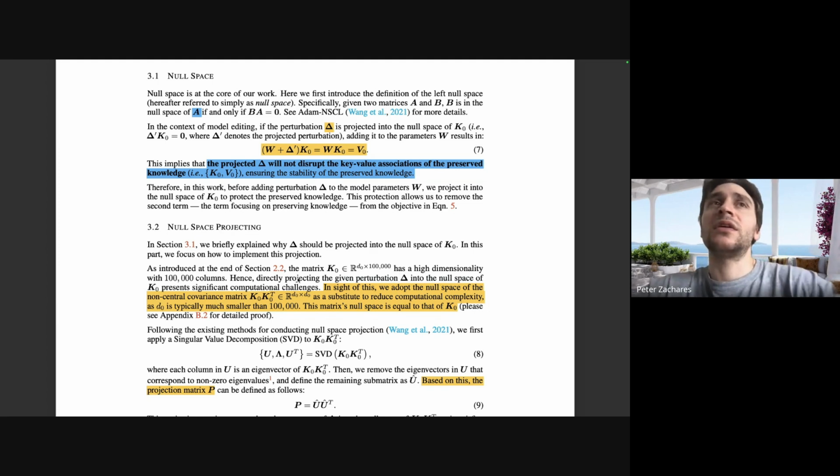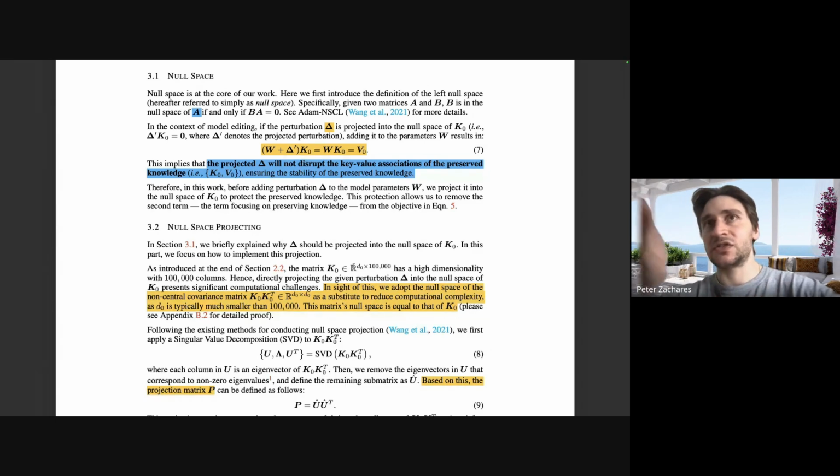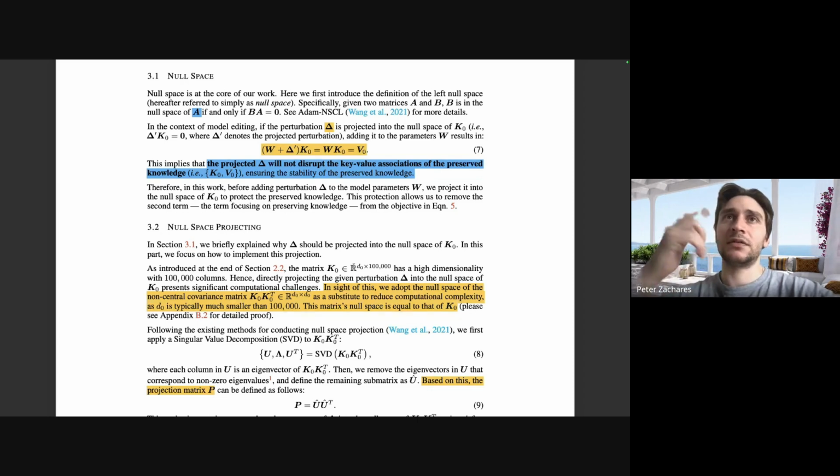Then they say we have a matrix K naught that is D naught by 100,000. So they have a matrix of this size, and they want to know what the null space of this matrix is. D naught is probably between 1,000 and 10,000, so it's a lot less than 100,000.